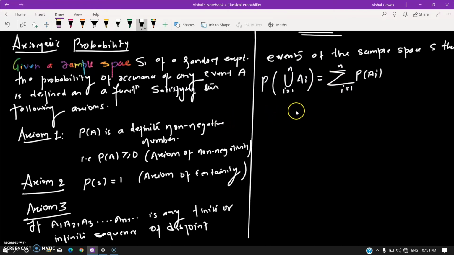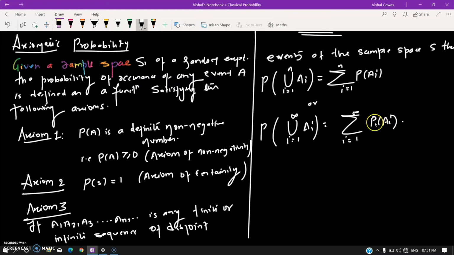Or, if I look at the infinite sequence, the union of Ai, i going from 1 to infinity, is the summation of P(Ai), i going from 1 to infinity. This is called the axiom of additivity.